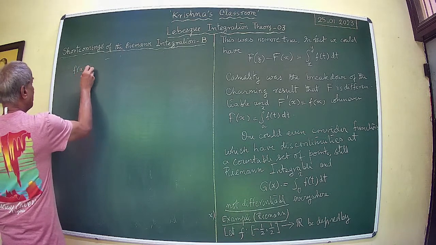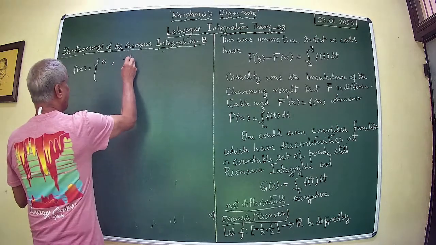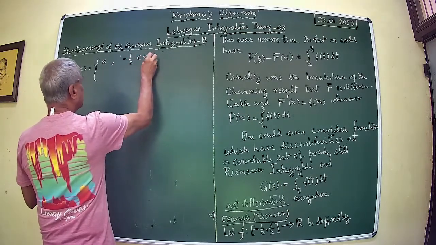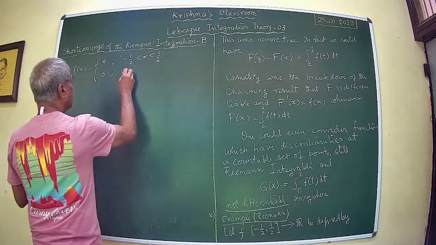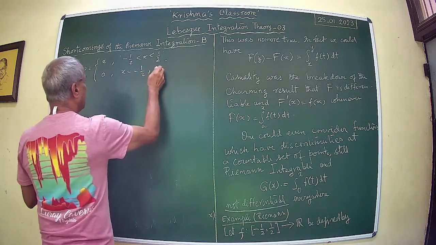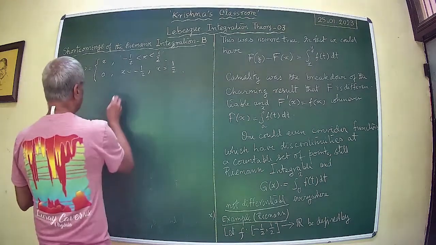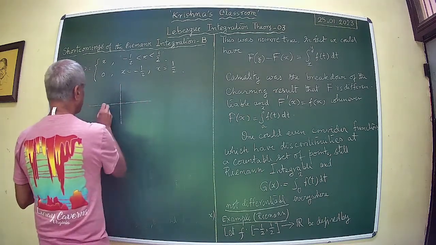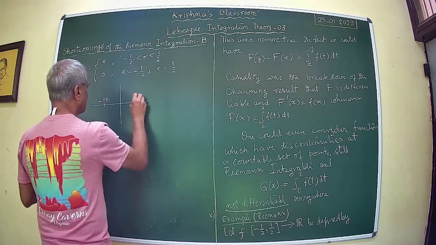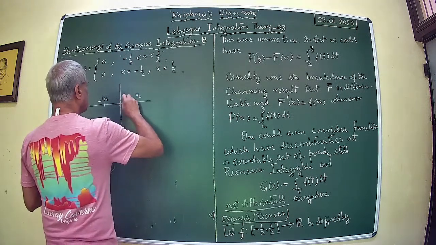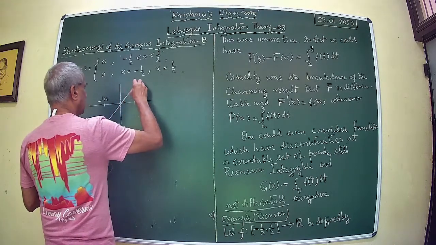f(x) equals x for minus half less than x less than half, and equal to 0 for x equal to minus half and x equal to half. That means it's a function of this kind, and the function has its graph like this.